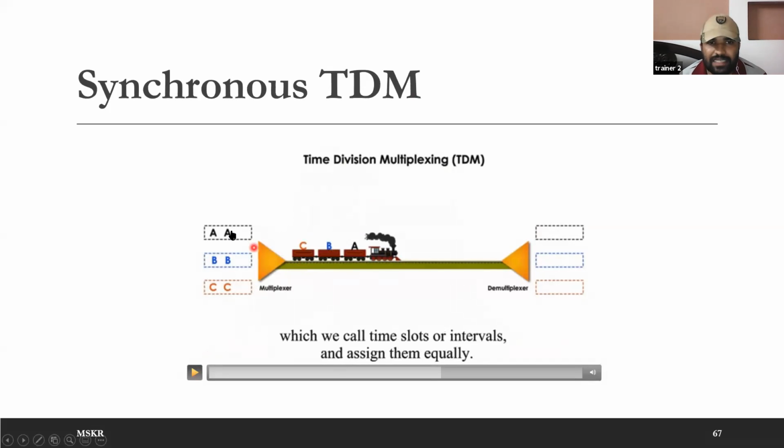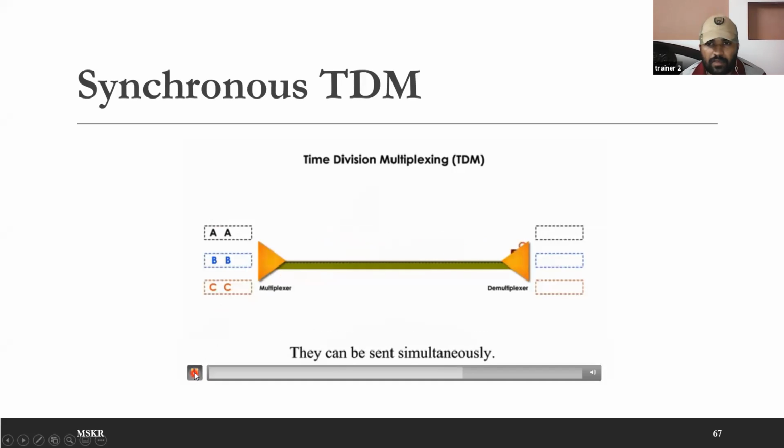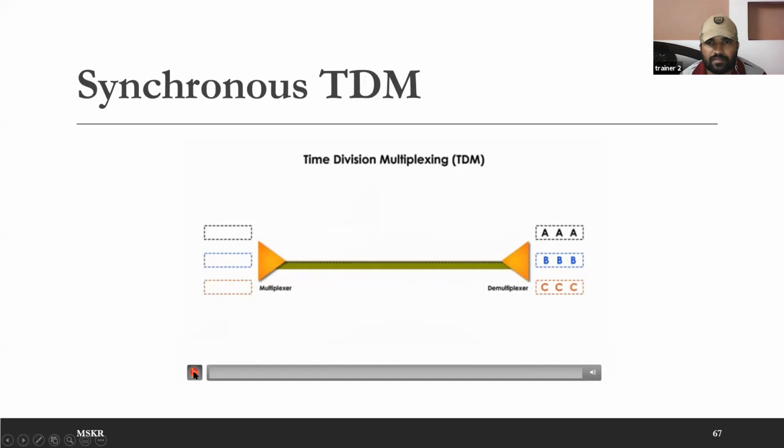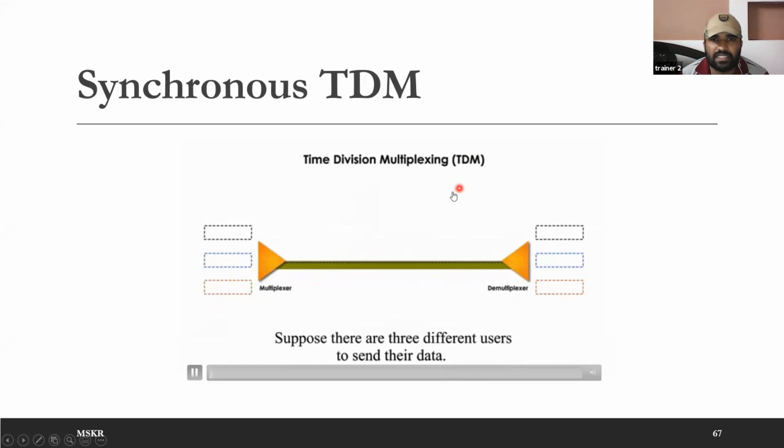Okay, so as you can see, depending on how many users are there, those many bogies must be there to carry that information. Okay, if your user has no data, the bogie will be left empty. They can be sent simultaneously. At the receiving end, the demultiplexer separates them. Okay, so this is synchronous TDM.